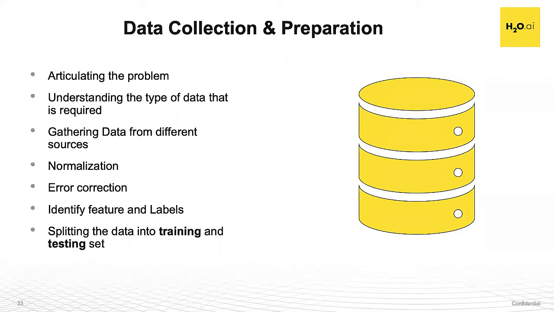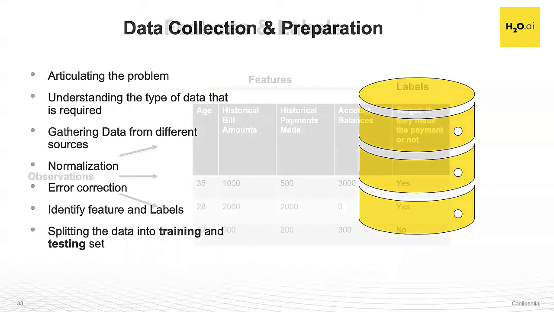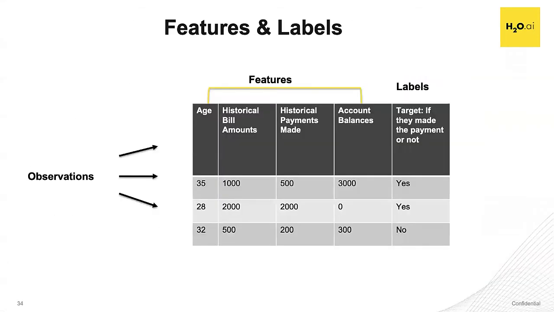You have to identify what are the features and what are the labels in your data. And sometimes if you just have one set of data, you would also need to split that data for your evaluation purpose.